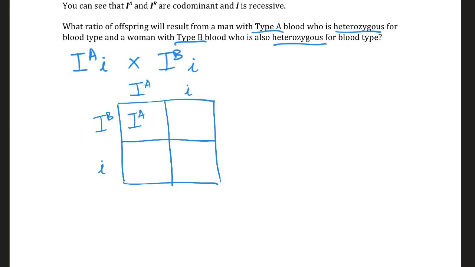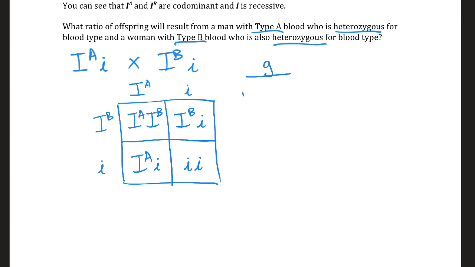Here are the possibilities. Okay. Ratio of offspring. Genotypic ratio.